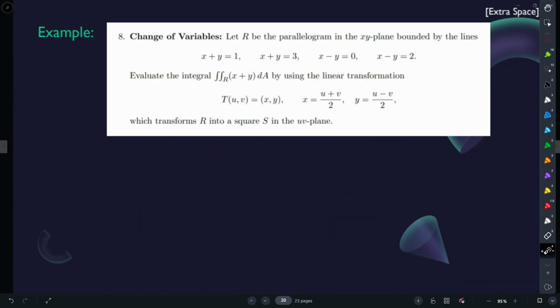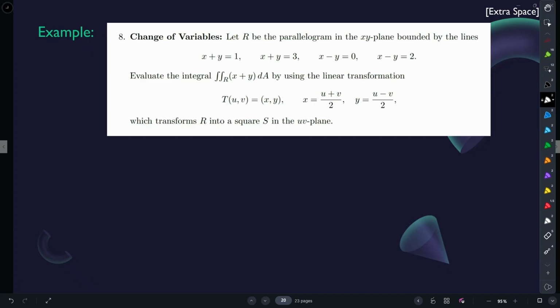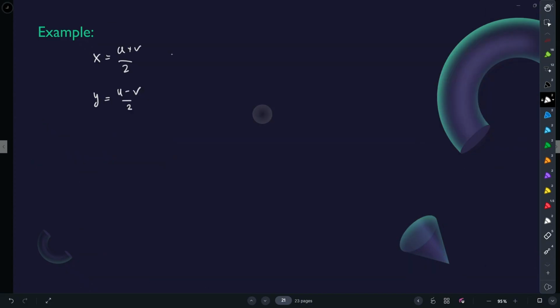Sure. Let me just do that. Maybe here I have some room. The transformation was the original transformation that is given to me. x is (u plus v) divided by 2, and y is (u minus v) divided by 2. Is that right? Yes. So if you solve for u here, u would be 2x minus v. And if I plug in here, then I get that y is (2x minus v) divided by 2.